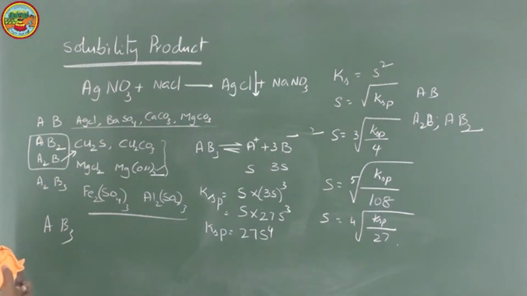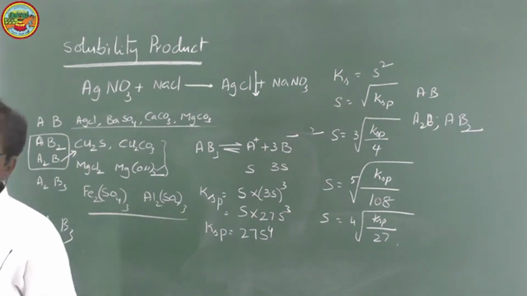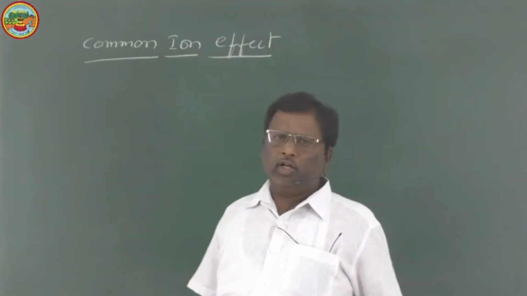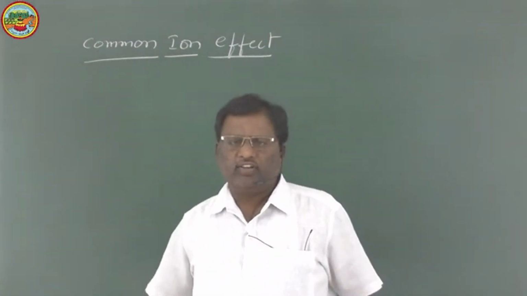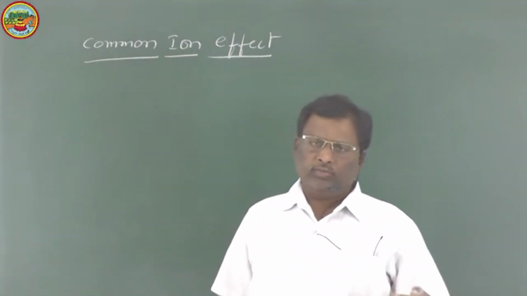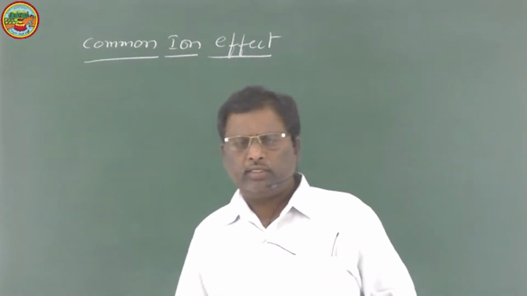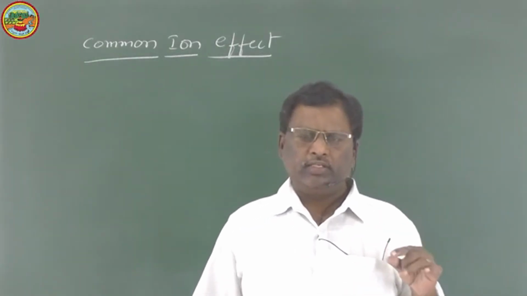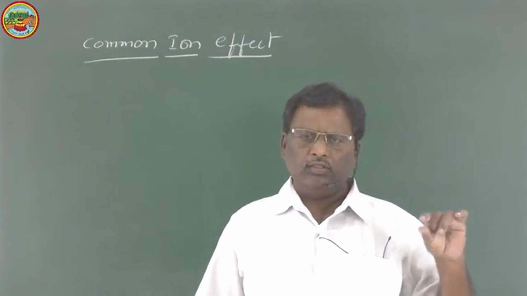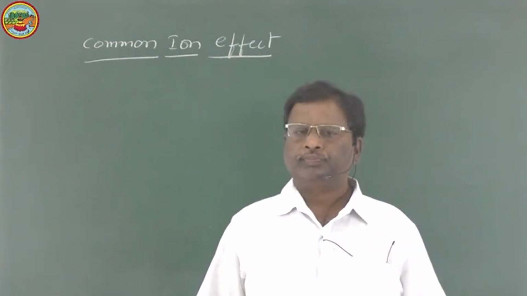Next, in this context, we have to learn another term known as common ion effect. Common ion effect means, as we just discussed, each salt has the capacity to dissolve to a certain extent.